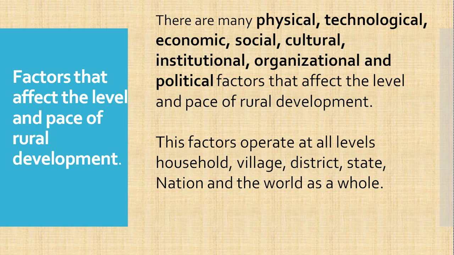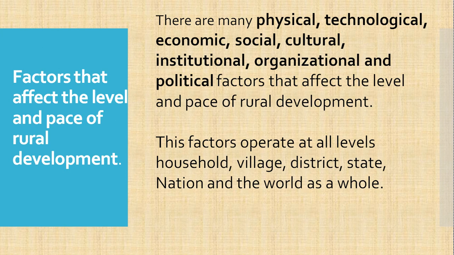Factors that affect the level and pace of rural development. Even though we discussed that we need certain things for rural development, there are a lot of factors that affect the actual pace of rural development. The factors are physical, technological, economic, social, cultural, institutional, organizational, and political.